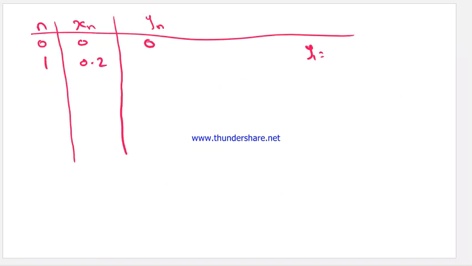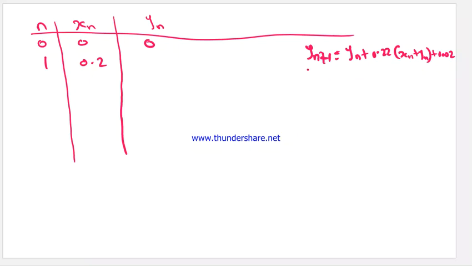So remember our yn plus 1 equals yn plus 0.22 xn plus yn plus 0.02.